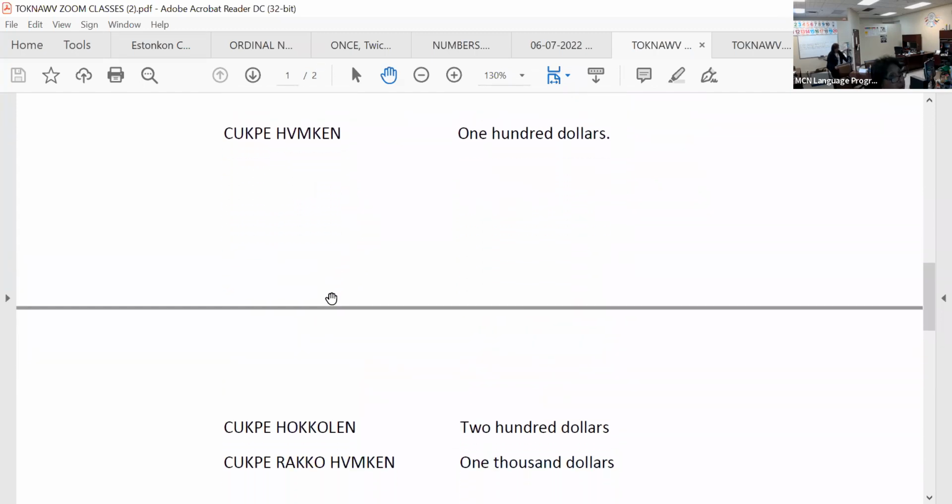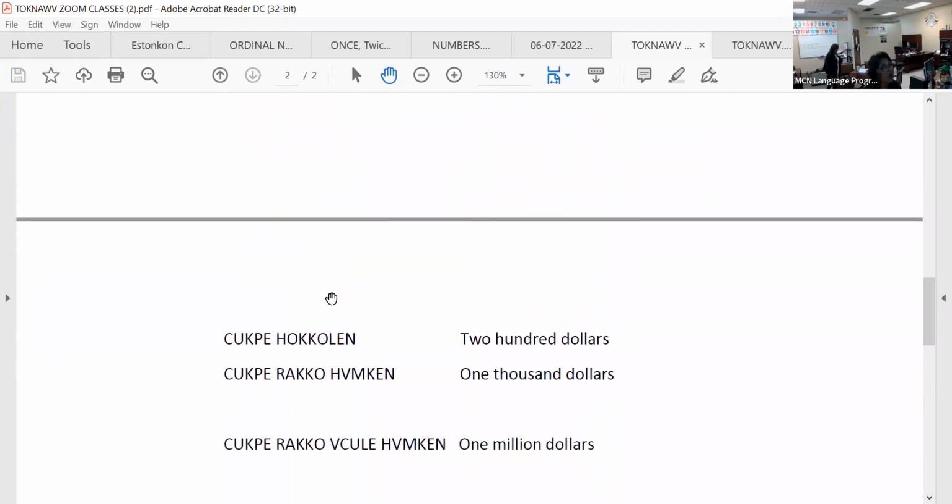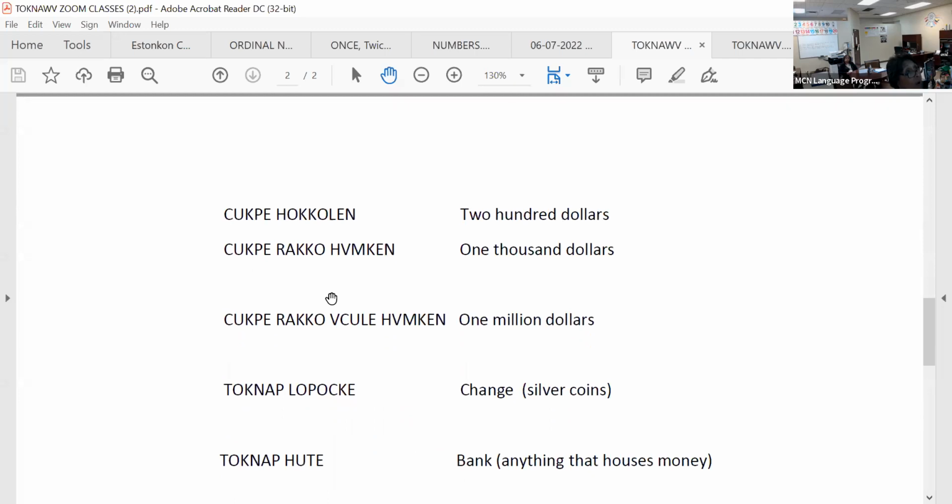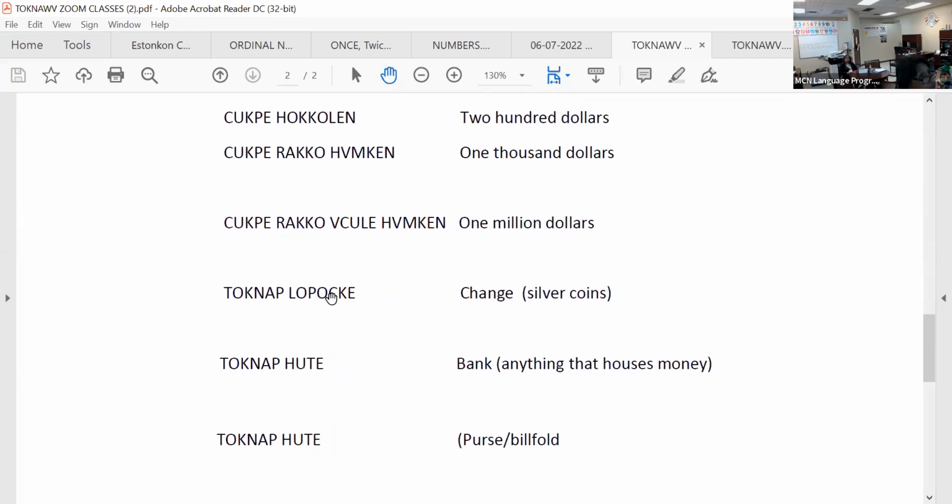Okay, see how this goes? $200, Jukbi Hokolin. $1,000, Jukbi Hamgin. $1 million, Jukbi Ajuli Hamgin. Ajuli is old. Okay. $1 million is Jukbisako Ajuli. Ajuli means old. Hamgin means old 1,000, I mean old 100. Okay.